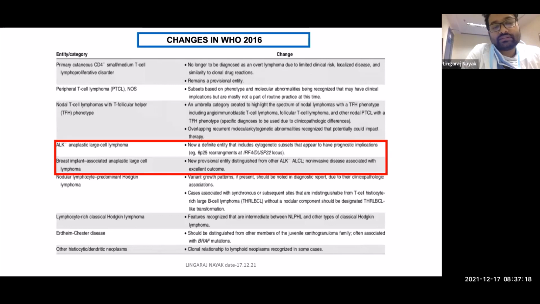And as you can see, ALK negative anaplastic large cell lymphoma became a definite entity in 2016. And breast implant associated ALCL is still a provisional entity in the latest WHO. I will not discuss breast implant associated ALCL because it is not commonly seen in our country. This is a disease of the Western world. We'll limit our discussion to cutaneous ALCL and systemic ALCL.